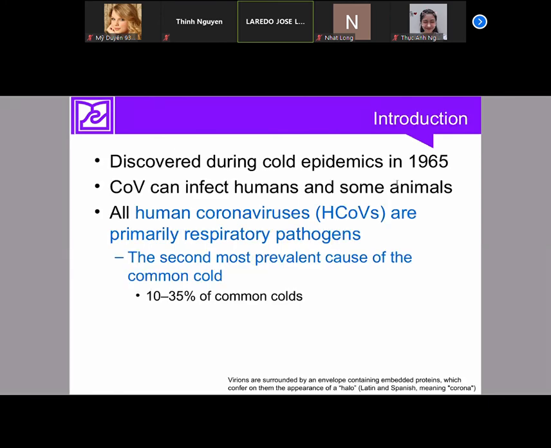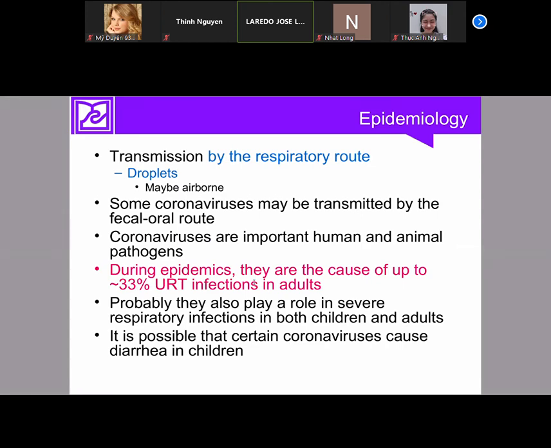Coronaviruses are not new. Coronaviruses were discovered more than 50 years ago, and they are very common viruses for humans. They are usually respiratory pathogens, and they are the second most common cause of the common cold in humans. Coronaviruses are transmitted by the respiratory route through droplets, contact with droplets.